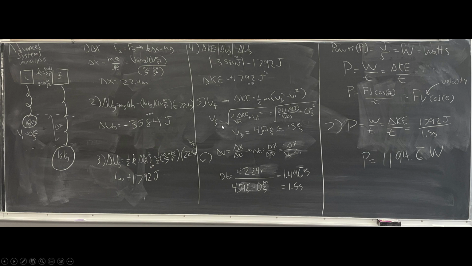So, just one more example, an advanced example of a mass spring system. Let's say that we initially have our spring in its resting position. It has an initial velocity of 0 meters per second and a mass of 16 kilograms. Its spring constant is the constant that we just found, so it's the same exact spring.